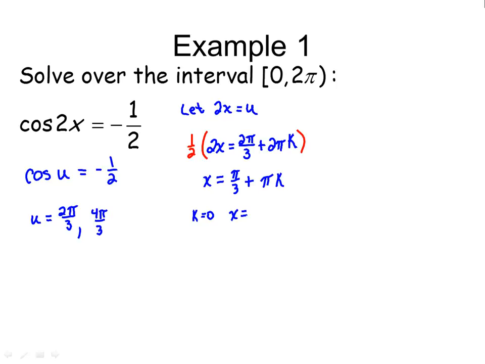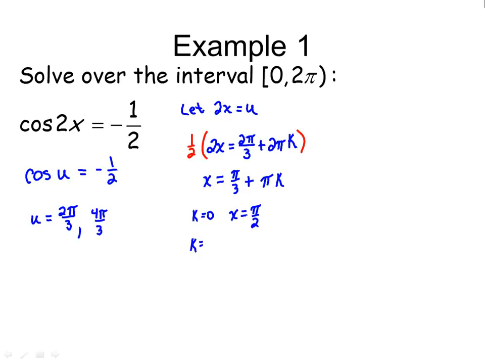It goes away, and so x is equal to what? Pi over 3. So I know that cosine 2x is going to hit at pi over 3. K equals 0 is your first opportunity to hit.